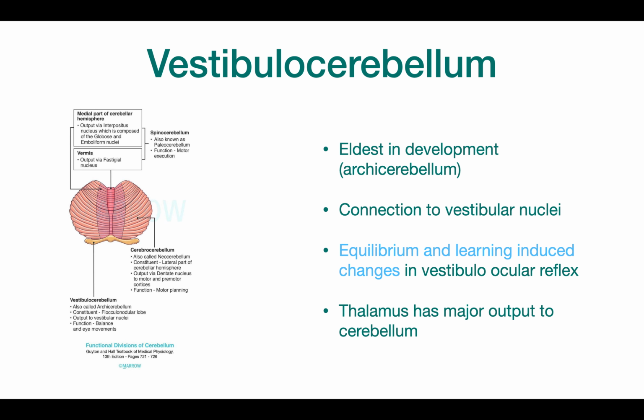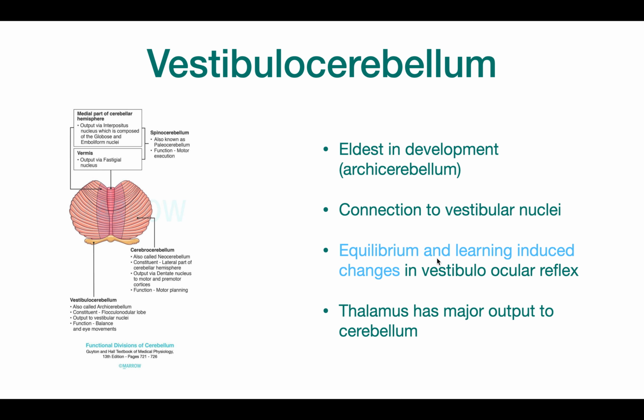The vestibular cerebellum is in charge of equilibrium and learning-induced changes in the vestibular ocular reflex. Equilibrium comes naturally, like standing, like moving your head. These you don't have to learn actively. But the learning-induced changes are kind of like when you start running, right?